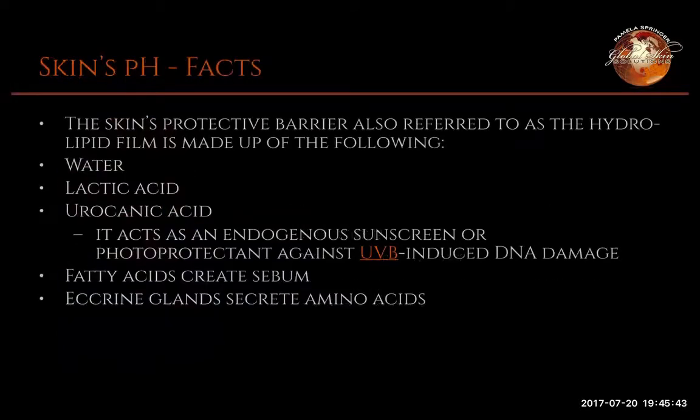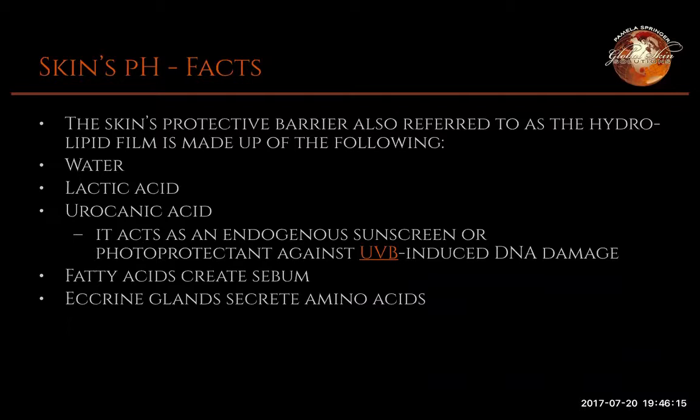So we all know that the skin's protective barrier is referred to as the hydrolipidic film, which is made up of the following: water, lactic acid, urocanic acid. Urocanic acid acts as an endogenous sunscreen, and when I use the word endogenous, I'm speaking of within.